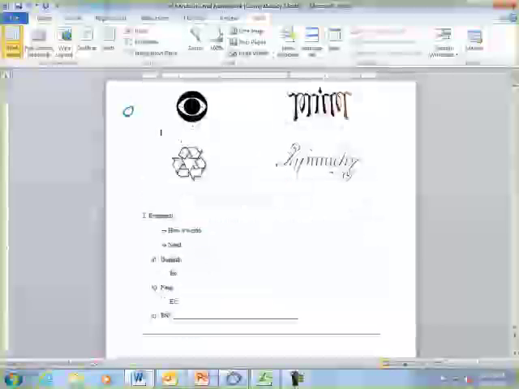For rotational symmetry, how it works, what was our other word for rotation? A turn. So how it works is it's a turn. If we turn the object in some way, it should exactly match what it used to be. What did we need to be able to do a rotation?